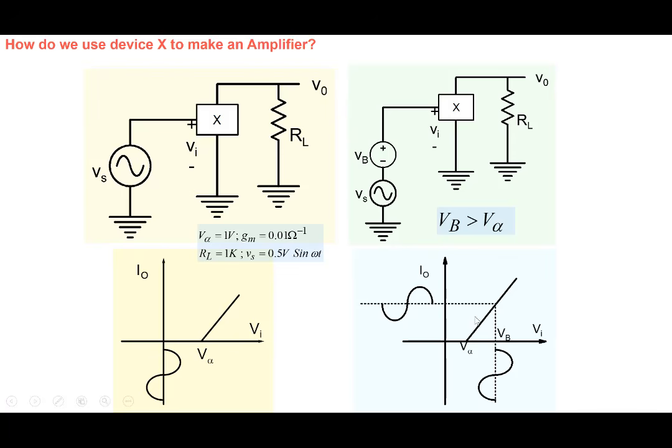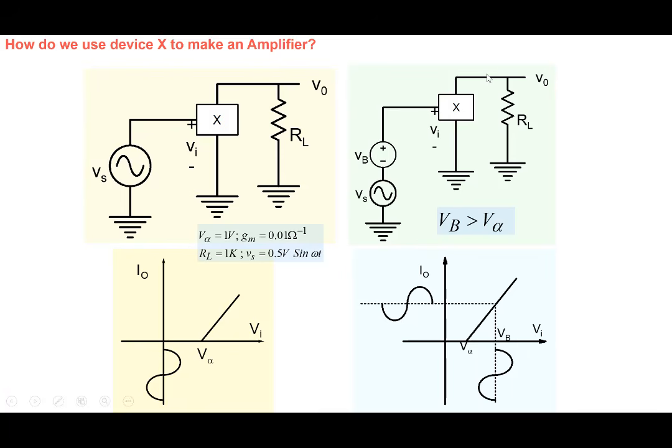So I0 will respond to these changes here, right? If you look at the output current, it will have a DC current. If there is no Vs, you applied Vb, and corresponding to some Vb there would be a DC current flowing. But the moment you add the source Vs, it modulates the input voltage, increasing and decreasing it, and corresponding to changes in Vi there are corresponding changes in I0.